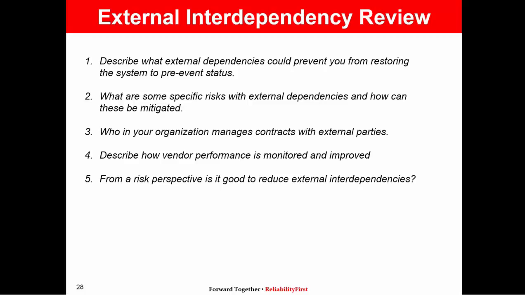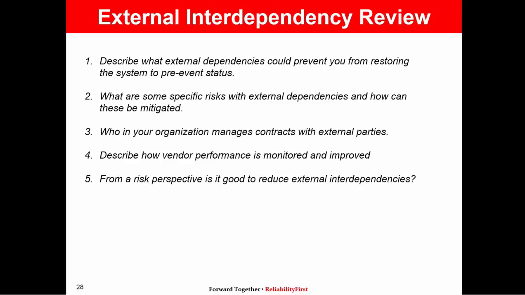So what are some specific risks with external interdependencies and how can these be mitigated? Some specific risks would be that you don't have contracts in place and you don't have sources for those external interdependencies. So there would be a need to have contracts in place to mitigate that risk and to know what to expect from your contractors.